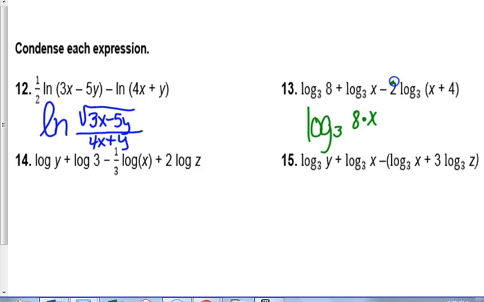Where does this 2 go? We get to throw it up. We get to vomit it up to there. Whenever I say throw something up, I always think that's gross. And then we divide. So we get an x plus 4 down here. But remember, only writing the log once.